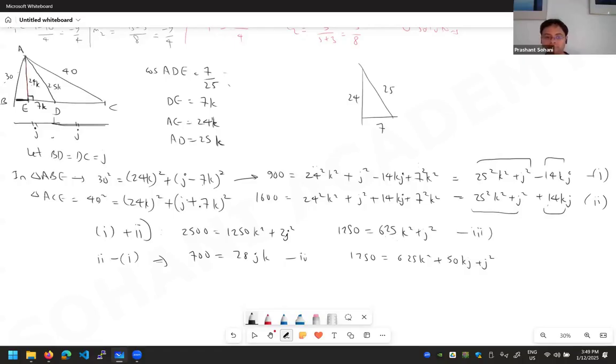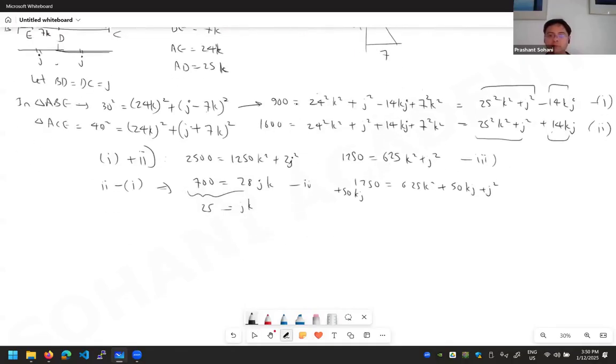And if I add and subtract 50 kj. And by the way, from this equation I know the value of jk, right? So jk is 25. Okay. So maybe instead of adding and subtracting it like this, let me add 50 kj to the LHS.